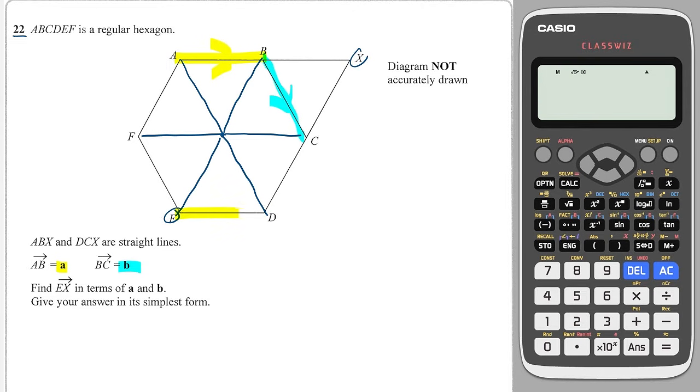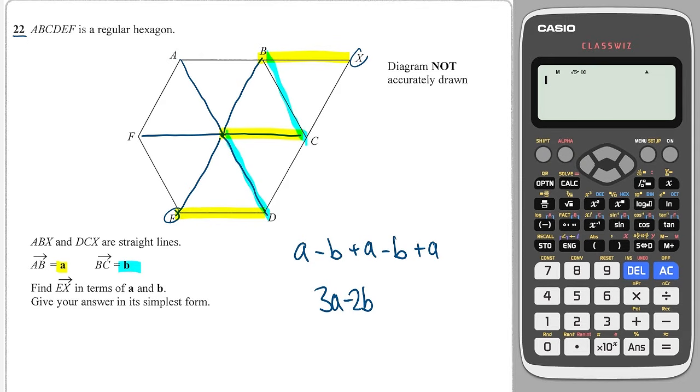Let's go first across, so that's a, and then negative b, and then a again, and then negative b again, and then a, and we get there. So simplified, that's 3a minus 2b. It doesn't matter which way you go, you're always going to get the same answer. That's the beauty of vectors.